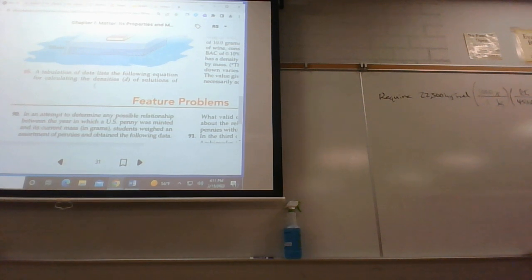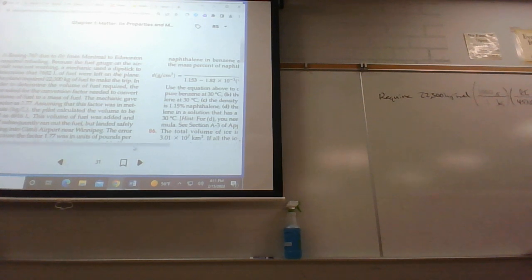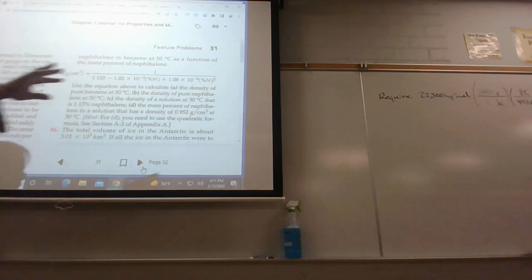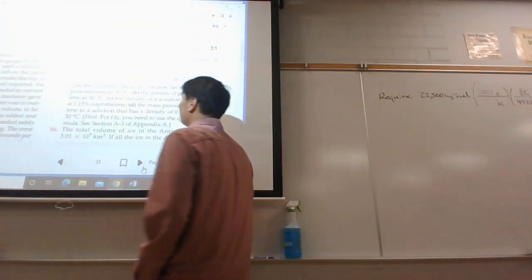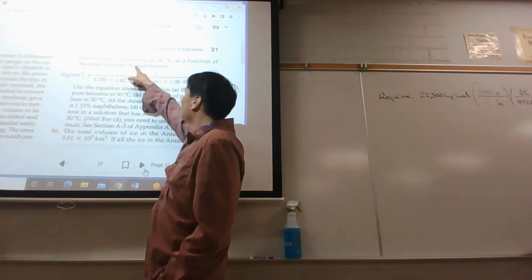85. A tabulation of data lists the following equation for calculating density D of solutions of naphthalene and benzene. So we have a 2-component mixture, like we had ethanol and methanol. And what they did was they came up with the equation for us.